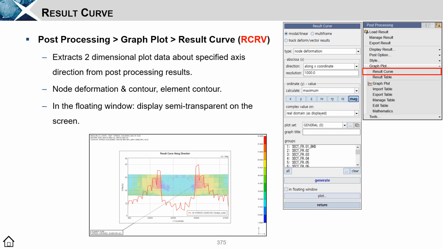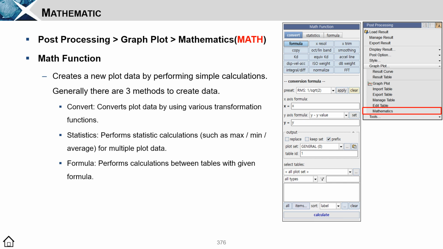Modal linear option extracts two-dimensional plot data about the specified axis direction from post-processing results. The user can create a new plot of data by performing simple calculations. Generally, there are three methods to create data. The convert method converts plot data by using various transformation functions.